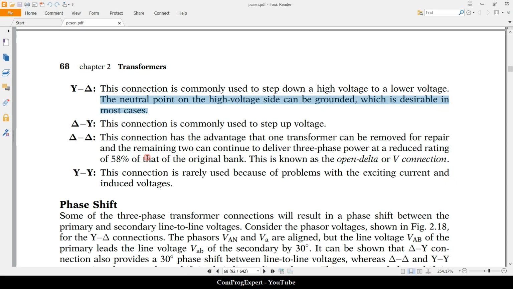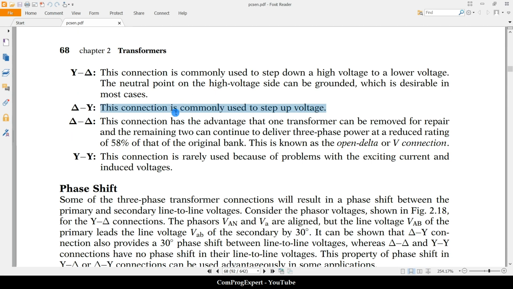This is also important. Delta-Y connection: this connection is commonly used to step up the voltage. Okay. Delta-delta: this connection has the advantage that one transformer can be removed for repair and the remaining two can continue to deliver three-phase power at a reduced rating of 58% of that of the original bank.